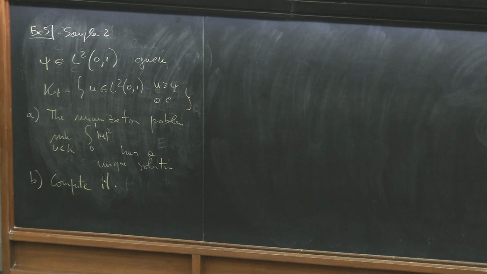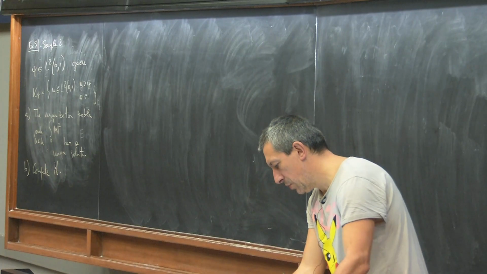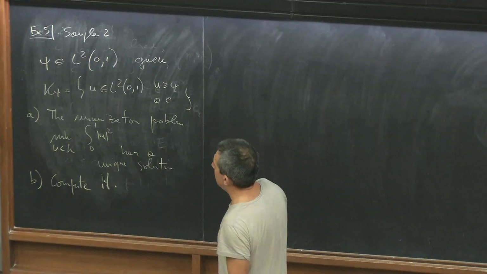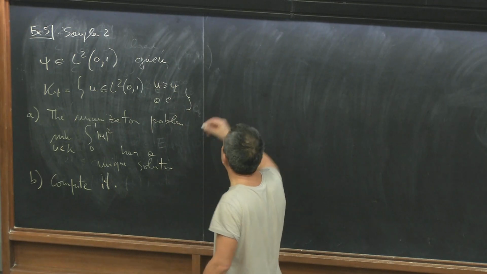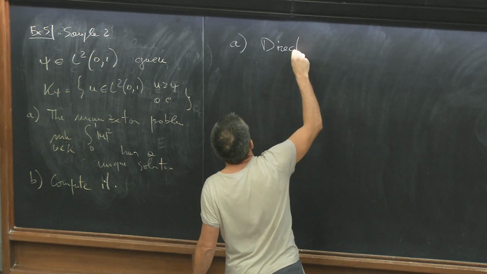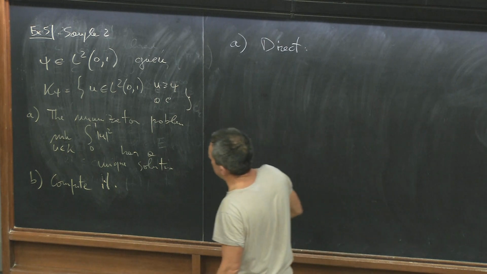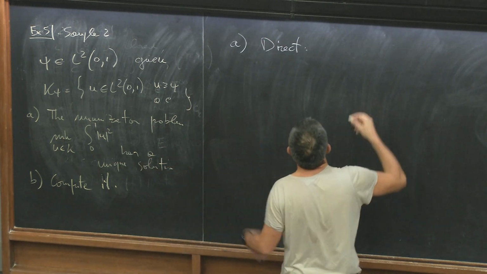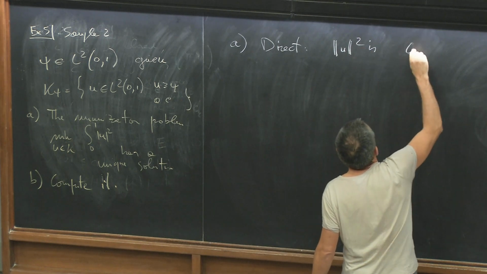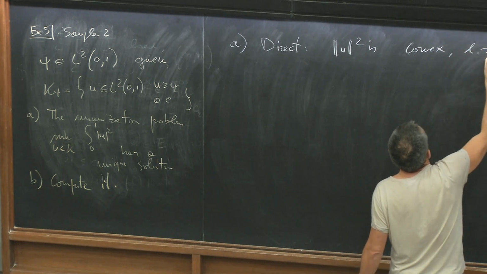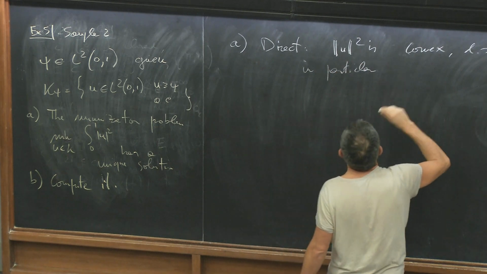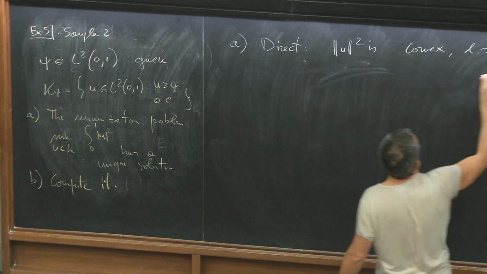Okay, so what about point A? Point A has been covered by the theory, because, well, there are several points. One is the direct proof. The norm squared is lower semi-convex and lower semi-continuous, in particular lower semi-continuous in the weak norm.